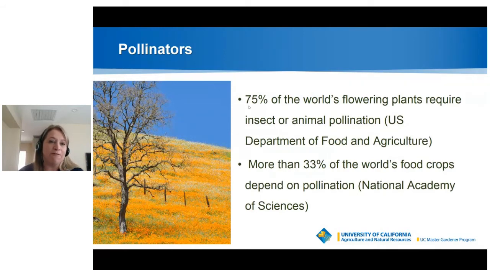And when we think about our food source, it's over a third, at least 1 in every 3 bites of food that we take resulted from pollination that was aided by an insect or an animal. So this is a really important thing that's happening in our ecosystem around us, in our food system, and we want to take care to tend to these pollinators.